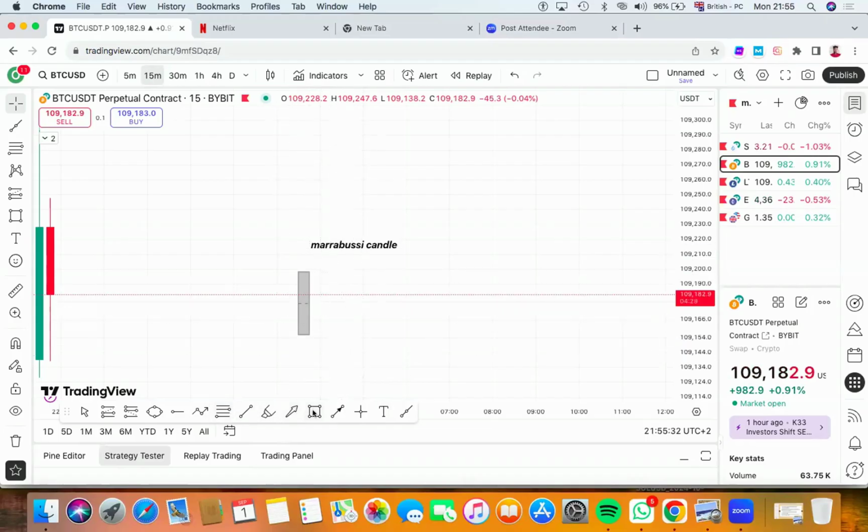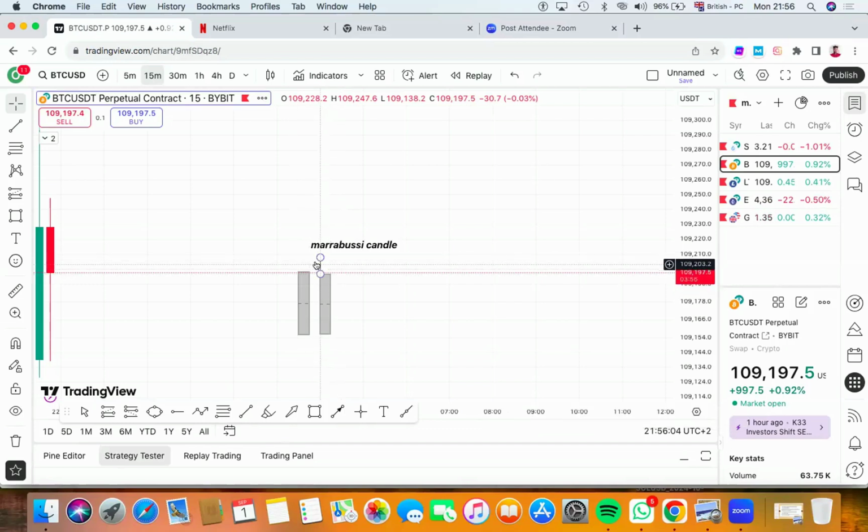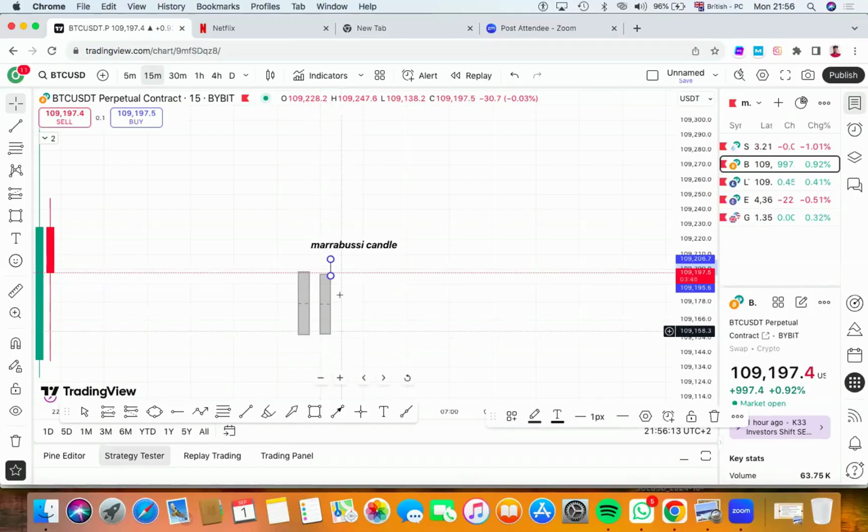You also have the one with the body and a very tiny wick, okay? That's a tiny wick. Don't mind my drawing, but get the concept of what we are trying to say.